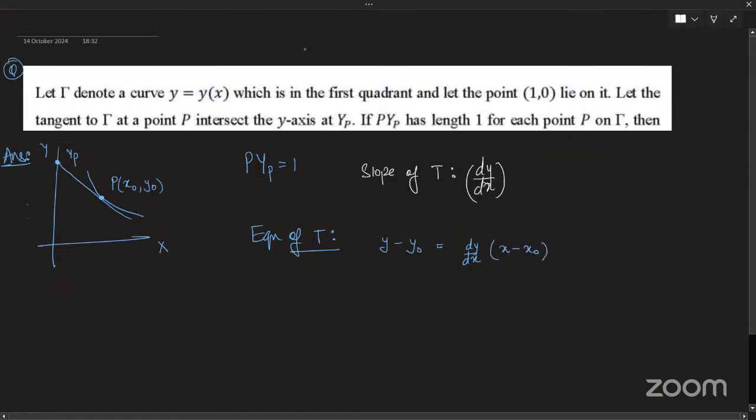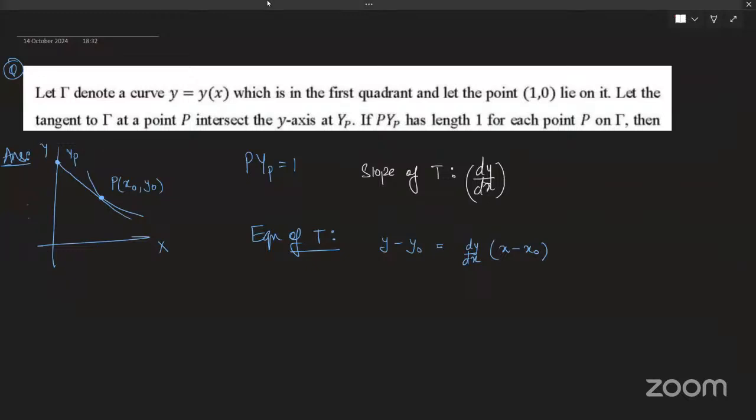This is correct, because y minus y naught is equal to m times x minus x naught. That is the standard equation, right? Okay, great. So this is the equation of the tangent.